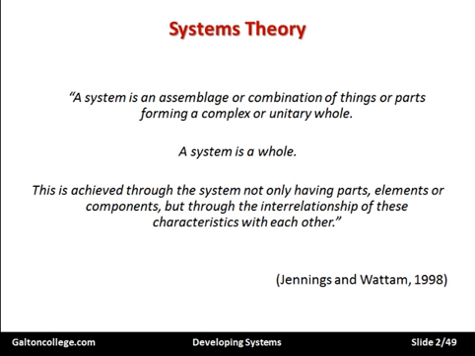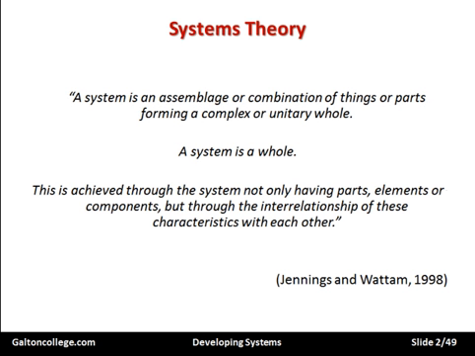Now a system could be a business. The business is the system, but it's made up from individual parts within the business, different departments, accountancy, marketing, production, and so on. So we can view the business as a system, but it's made up from subsystems, from individual parts within.